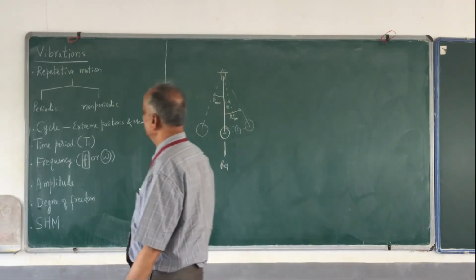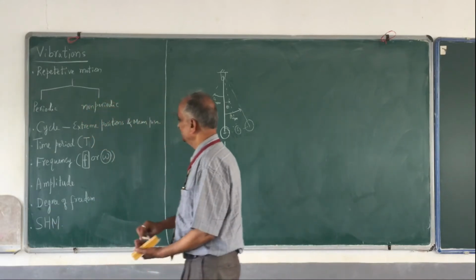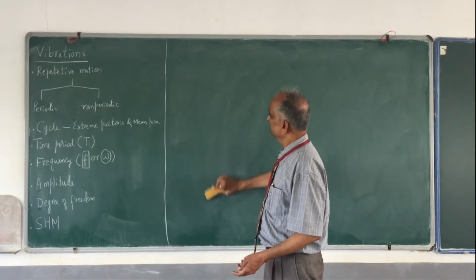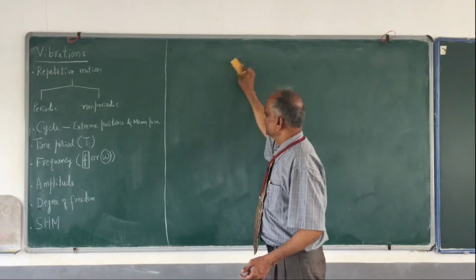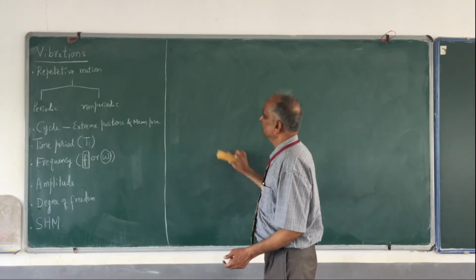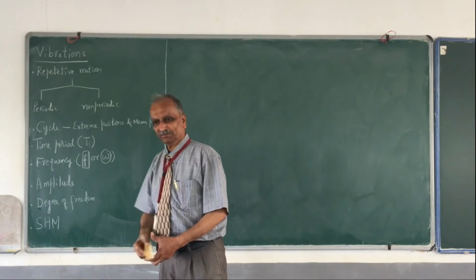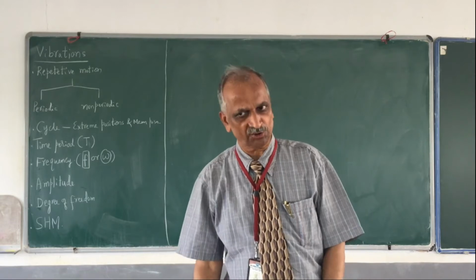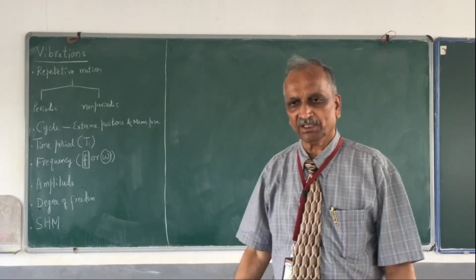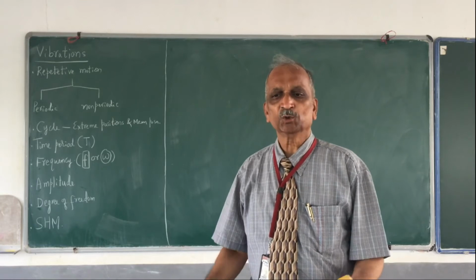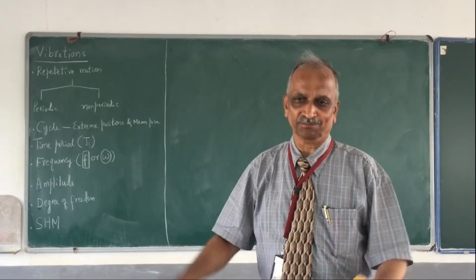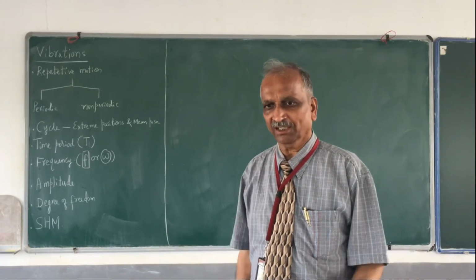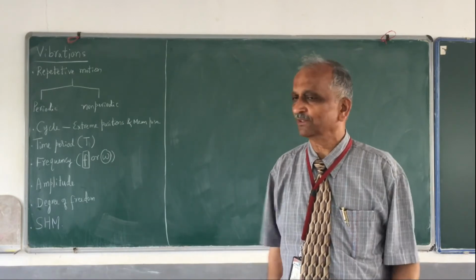Then what do you mean by degree of freedom? You have come across this term in many subjects, especially the kinematics of materials, and now also. So what is degree of freedom? Degree of freedom is basically the minimum number of independent coordinates required to specify the position of a system. If the system is static all the time, then you don't require any variables, therefore its degree of freedom is 0.